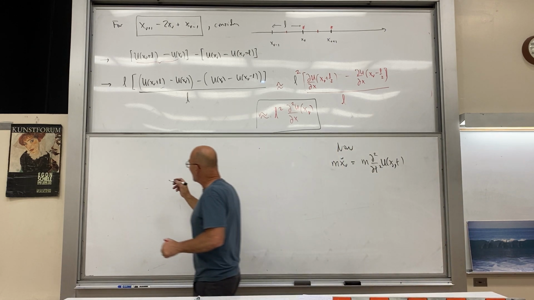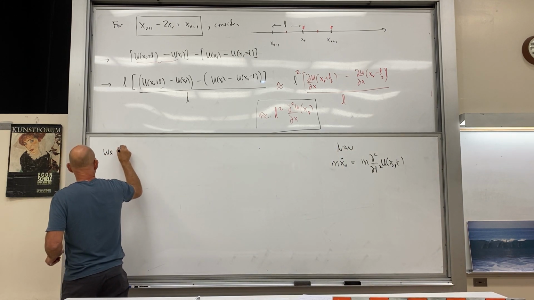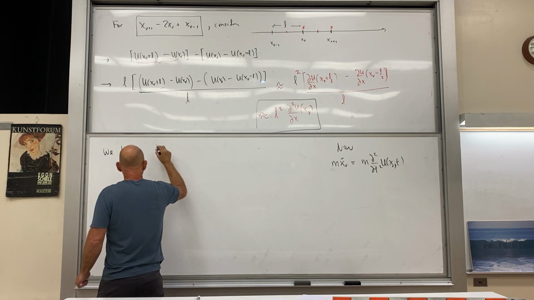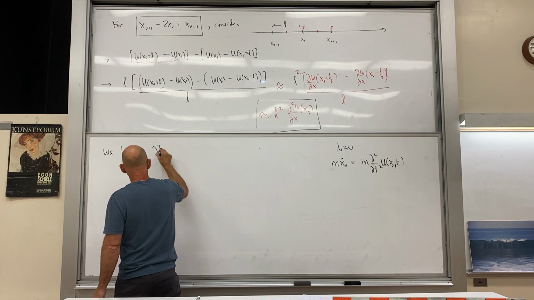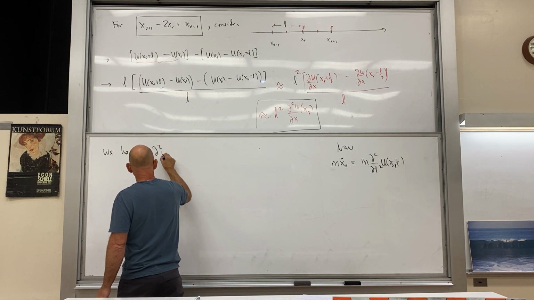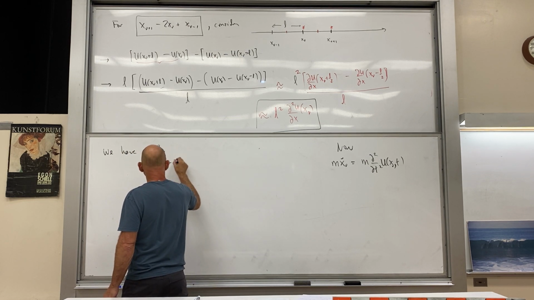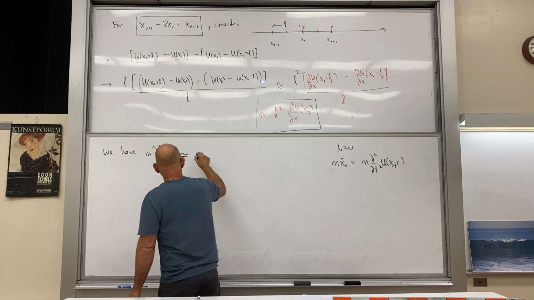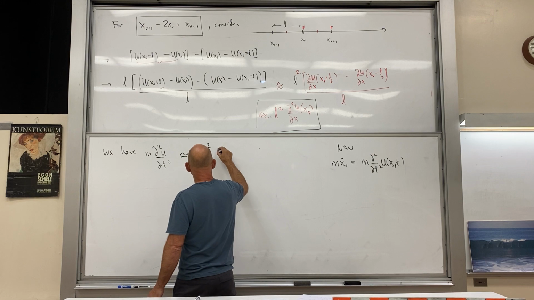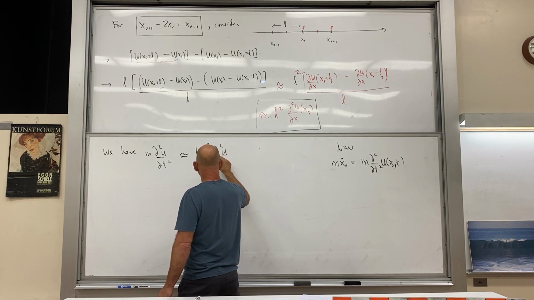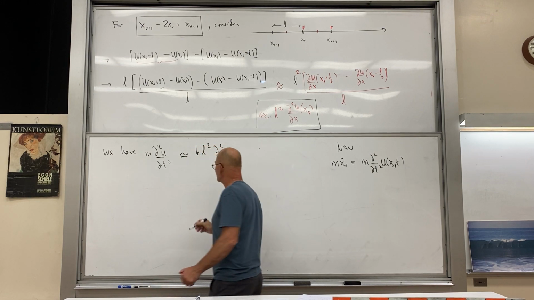So what we now have for that linear chain is m d squared u dt squared approximately k L squared d squared u dx squared. Okay.